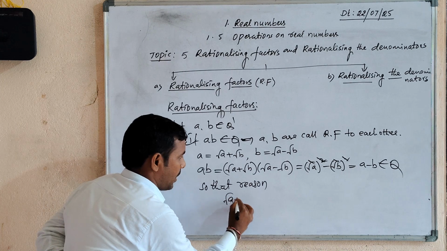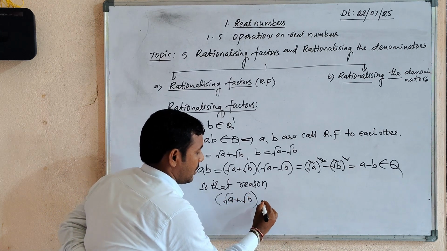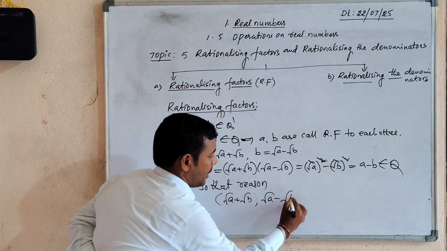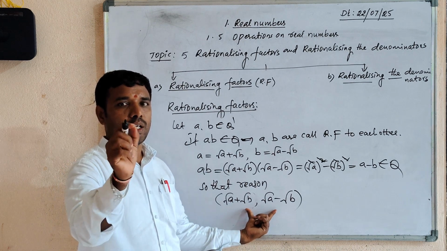So for that reason, square root of a plus square root of b, comma, square root of a minus square root of b, are called rationalizing factors to each other.